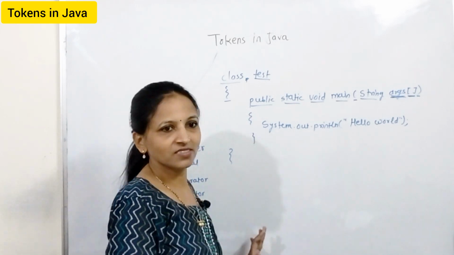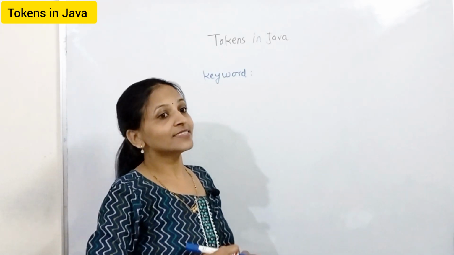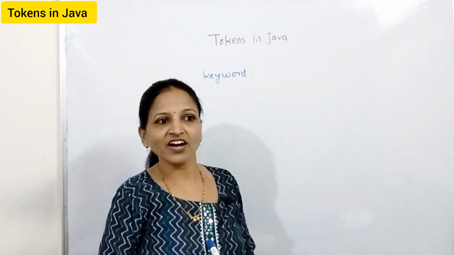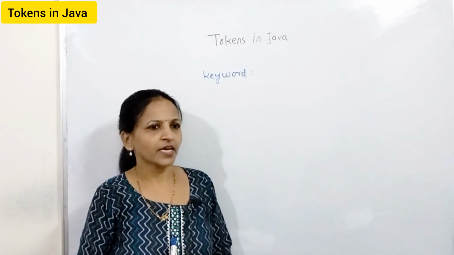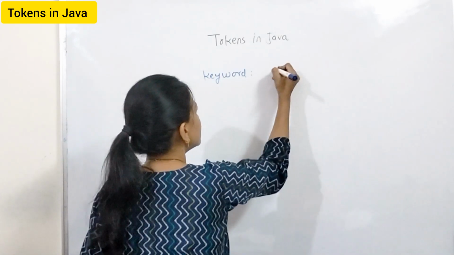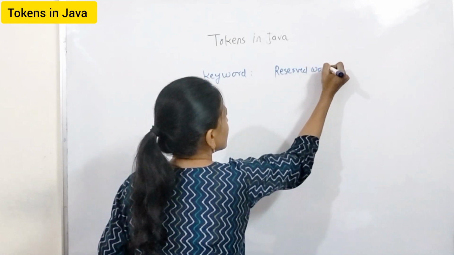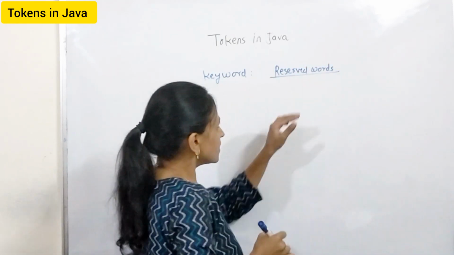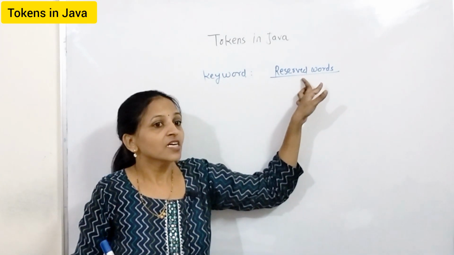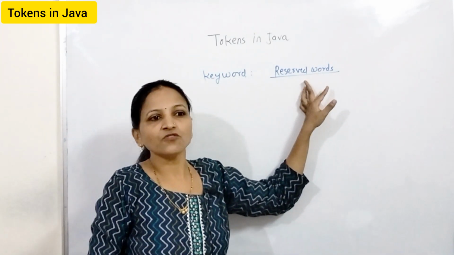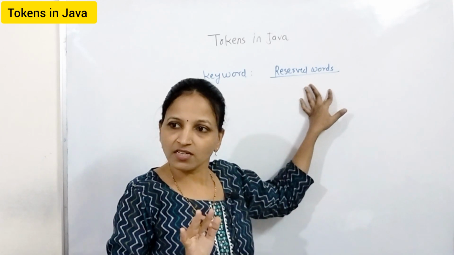Okay, any doubts? Now keywords are reserved words by the language, predefined words by the language. Actually keywords are reserved words. Reserved words are reserved for specific purposes by the language.